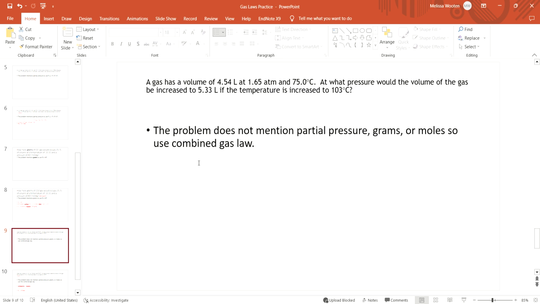So here we're going to use the combined gas law. What does your temperature always have to be in? Kelvin. And so you convert those temperatures to Kelvin. Make sure your units match. You have liters and liters, and once you convert it, you'll have Kelvin and Kelvin, and so your pressure should come out as ATM automatically. So pause the video and give that a go.